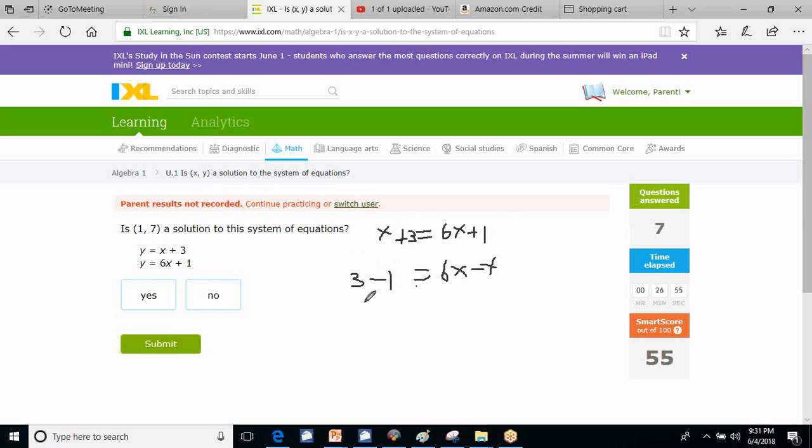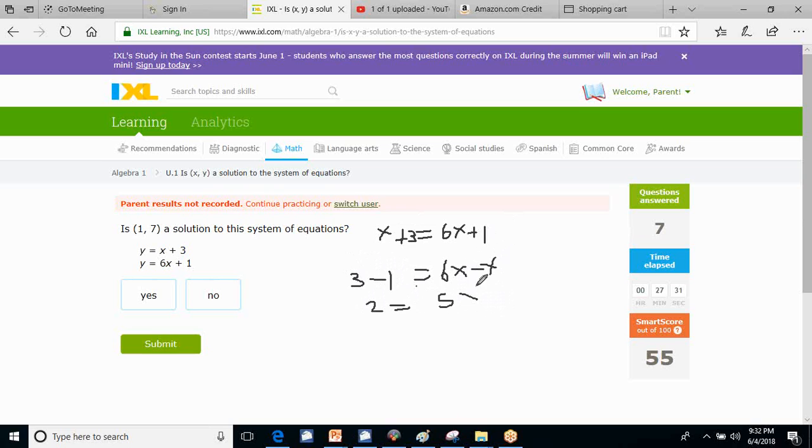So 3 minus 1 is 2, and that's equal to 6x minus x, which is 5x.